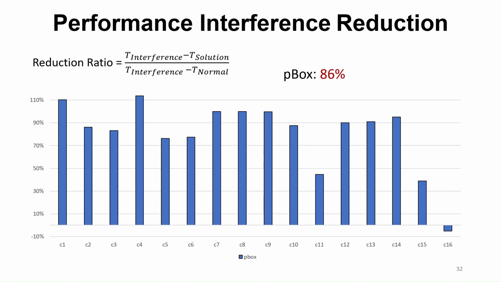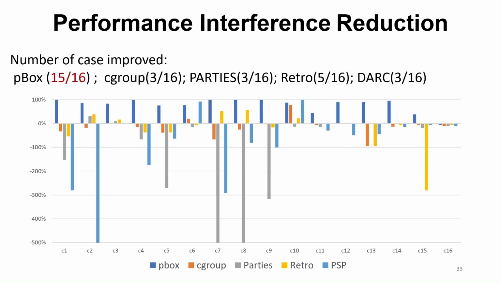The closer the ratio is to 100%, the more interference it mitigates. If the ratio is negative, it means the policy makes the performance worse. As you can see, pBox can mitigate the performance interference for 15 cases with an average reduction ratio of 86%.